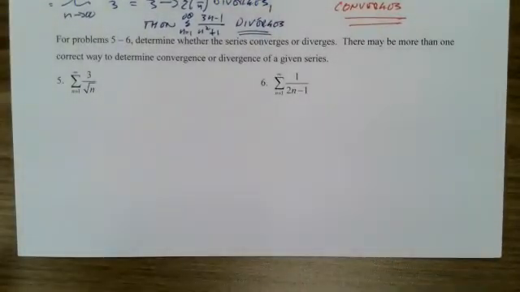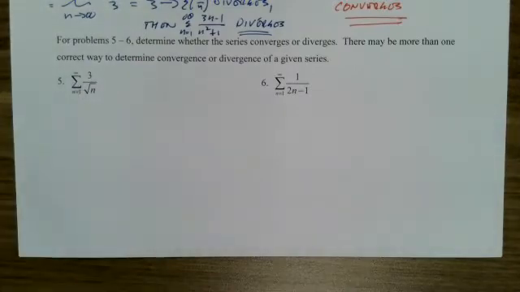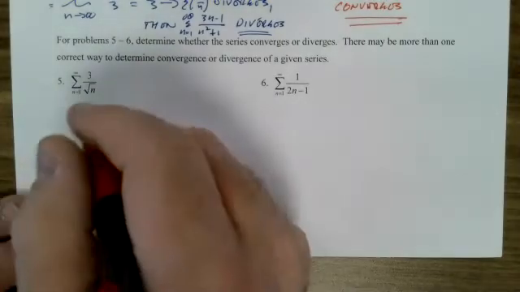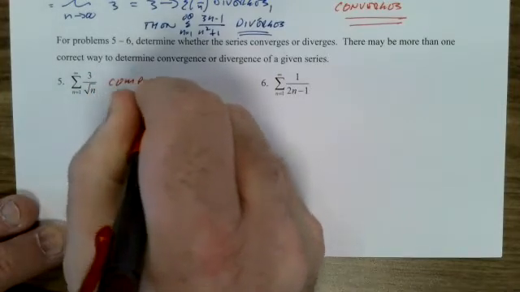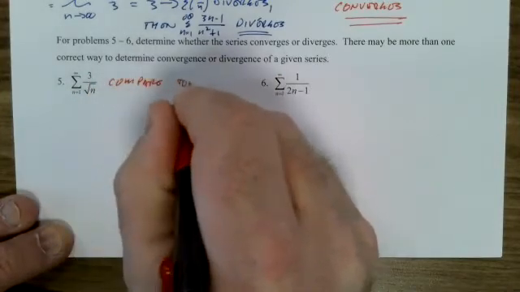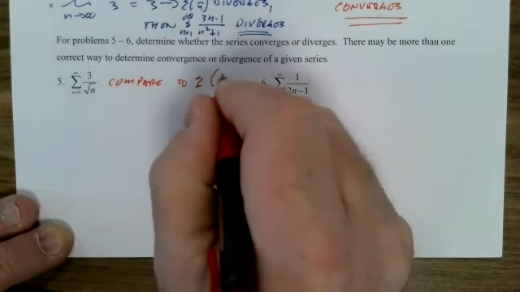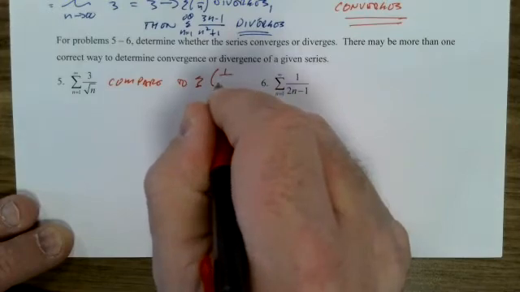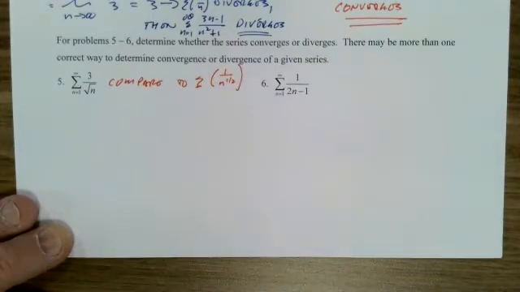Determine whether the series converges or diverges, maybe more than one correct way. Alrighty. Here's the fun part for me. Diverges, diverges. Done. So we can do a limit comparison test here. So 1 over square root of n, which we know diverges.